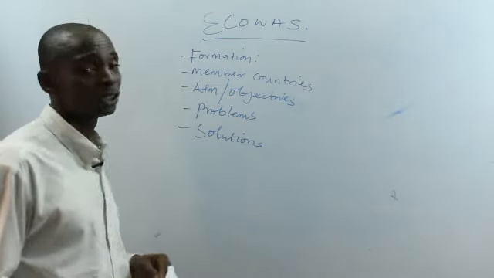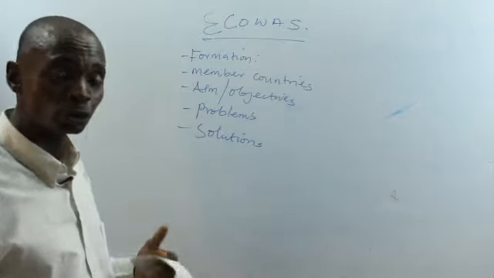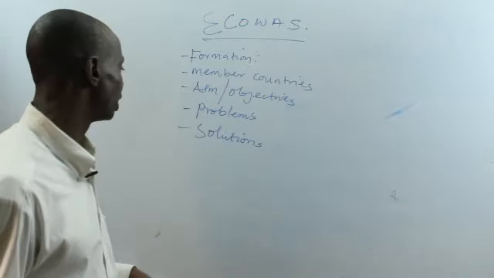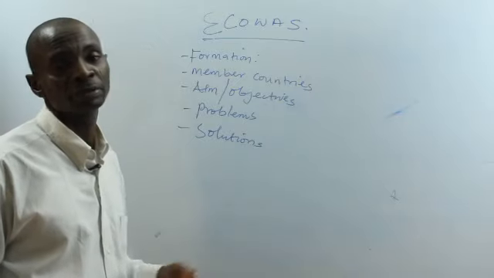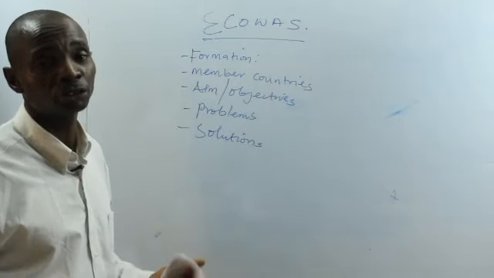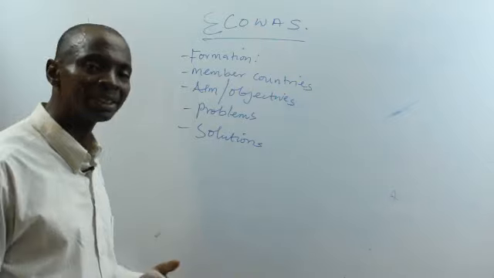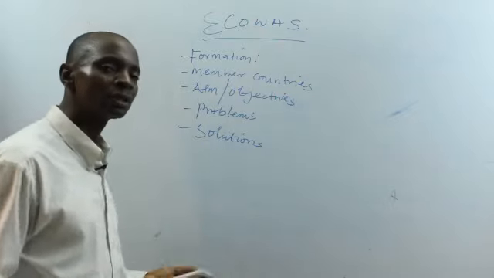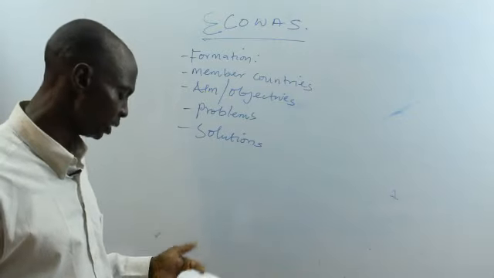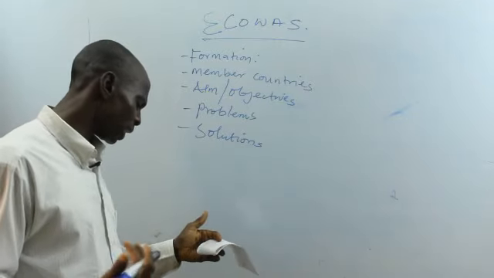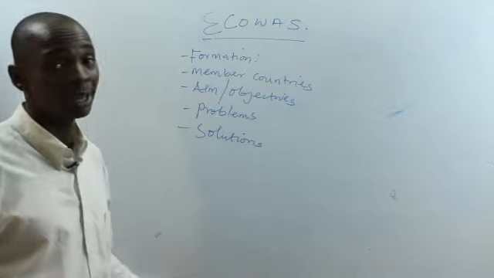Then, what are the solutions? What solution can we proffer? Number one, regular payment of the dues by member countries. You have signed a treaty to be a member of ECOWAS, so they should be encouraged to pay their dues regularly. Number two, common currency.